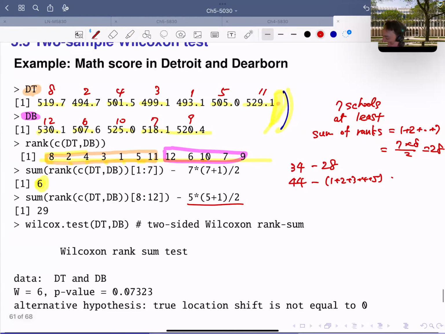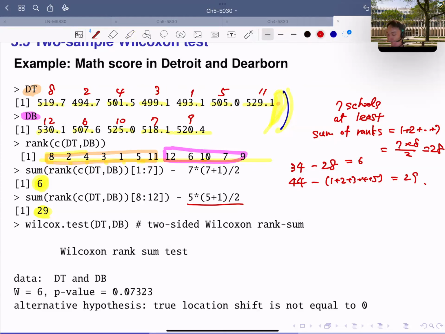So 44 minus 15 is 29. We use this 29 to summarize the information. And basically we reject H0 if this number 6 is too small, or this number 29 is too small. So that is our testing scheme.